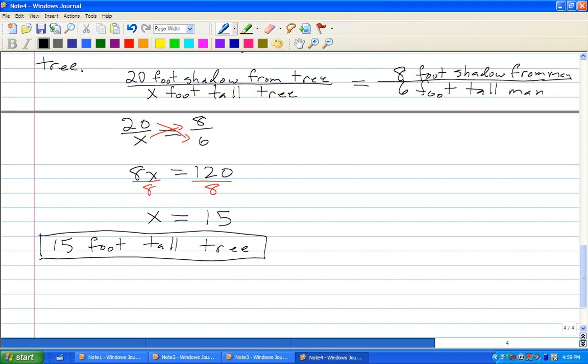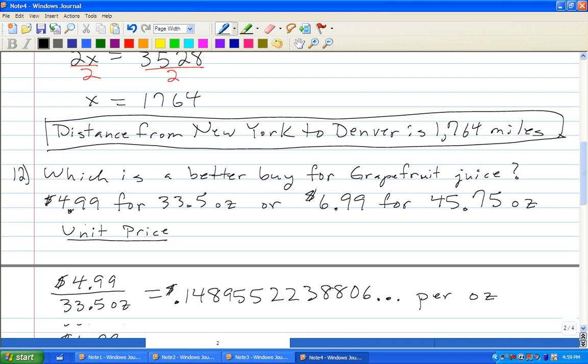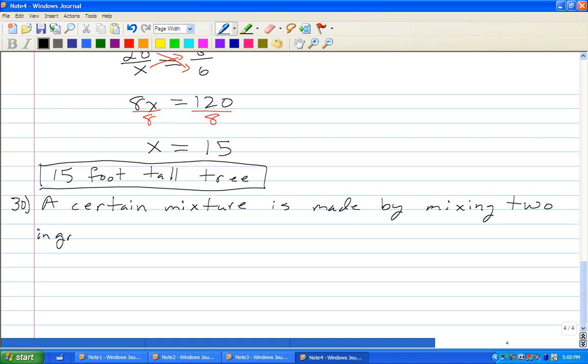Let me do problem number 30. A certain mixture is made by mixing 2 ingredients in the ratio 2 to 5.